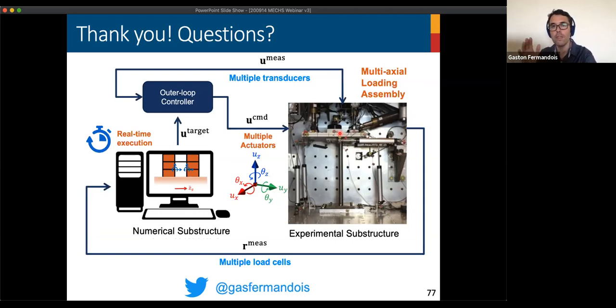If you want to reach multiple positions in Cartesian space, you need more actuators. So those are the key aspects that you need to consider every time that you want to design a loading assembly. And after designing your loading assembly, then you need to have sufficient hardware for real-time execution and all the algorithms that we discussed in order to run this kind of test.